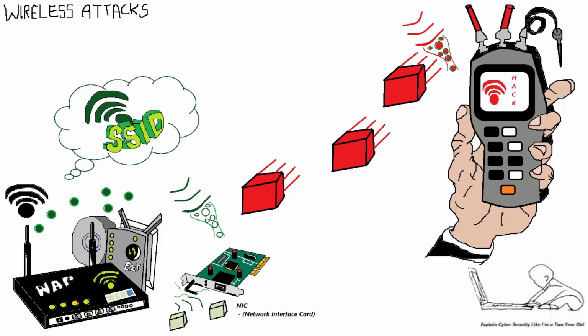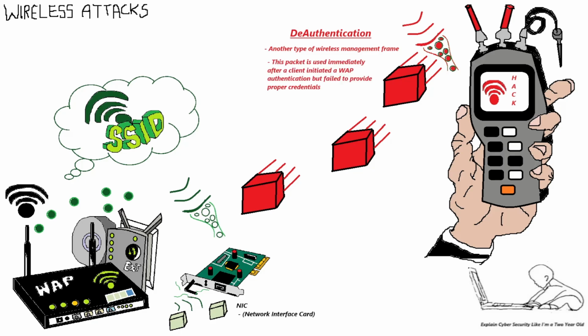A similar attack can be performed using a deauthentication packet. This type of packet is normally used immediately after a client has initiated a wireless access point authentication, but ultimately the client failed to provide the correct credentials, aka the wrong wireless network password.